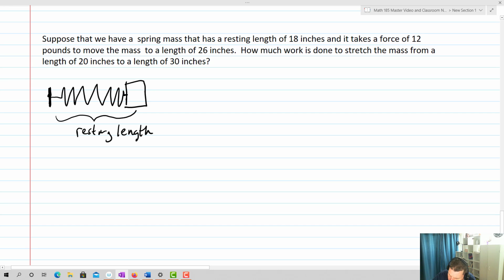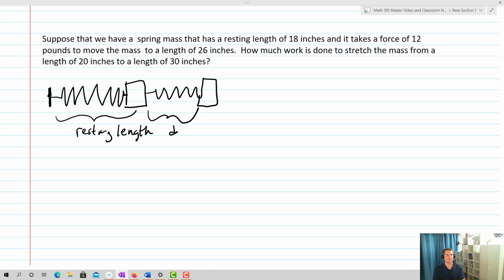And then what happens is that we will extend it, we'll displace the spring by an amount D. We've got the displacement of the spring, D. There's an amount of force that's going to be needed in order to displace the spring that D amount, and that is dependent upon something called the spring mass constant.